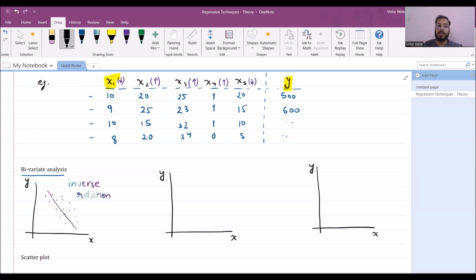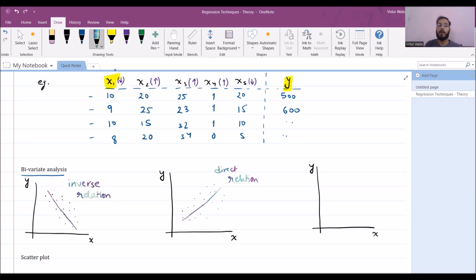Then suppose we just have x2 and y with us, distribution and sales. If the data looks something like this, overall we can see that we have an increasing trend over here. As x rises, y rises. As x falls, y falls. So this is called a direct relationship.